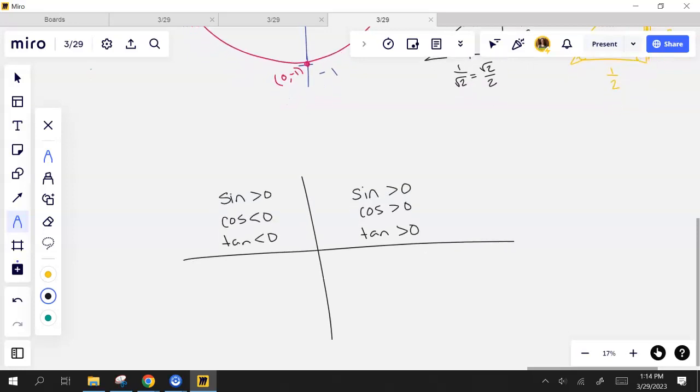In the quadrant where everybody is negative, tangent is positive because a negative divided by a negative is positive. On this one, sine is negative, cosine is positive, which means tangent has to be negative. Sine is your y, cosine is your x, and tangent is when you divide the two.